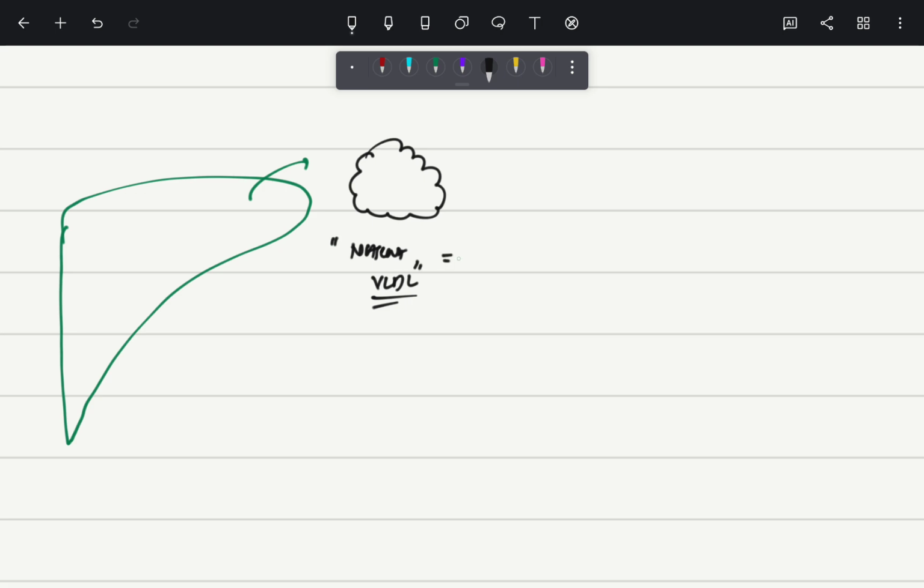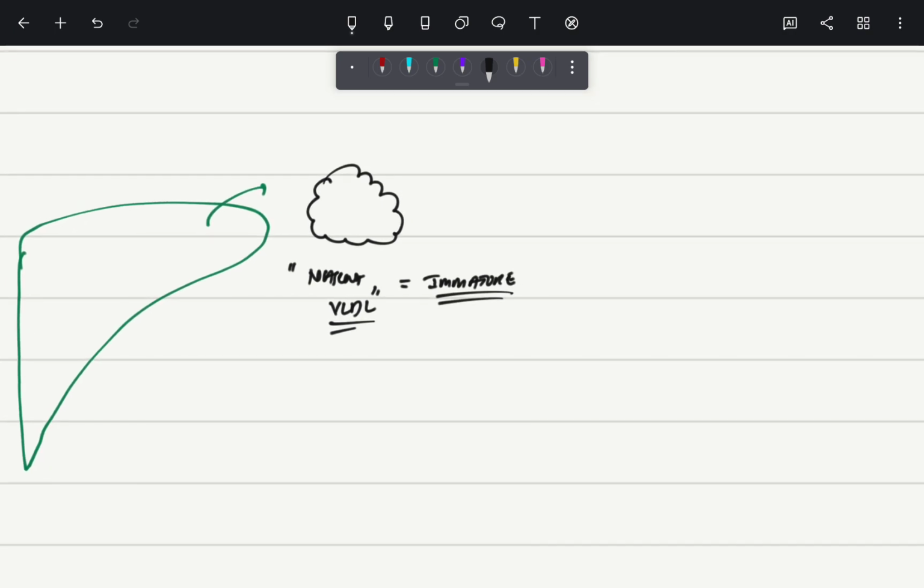By nascent I mean this VLDL is very immature. Why is it immature? Because it has only one apoprotein present on its surface, and that is apoprotein B100. Inside, the main lipid component is triacylglycerol.